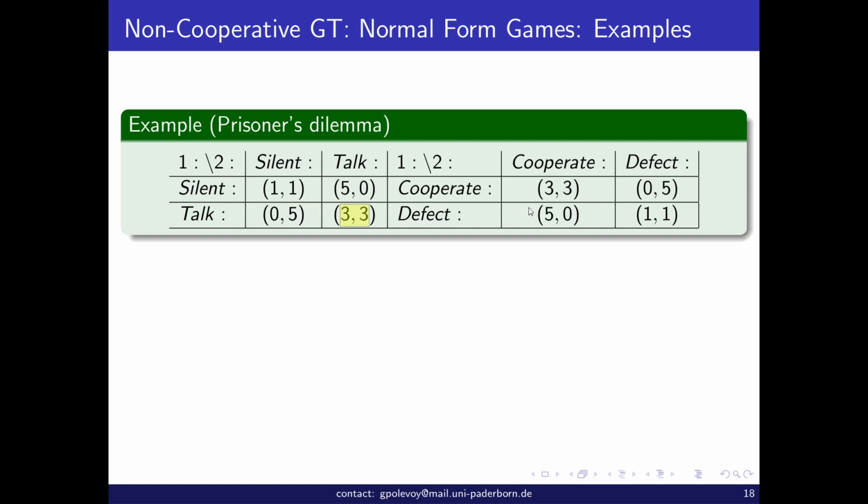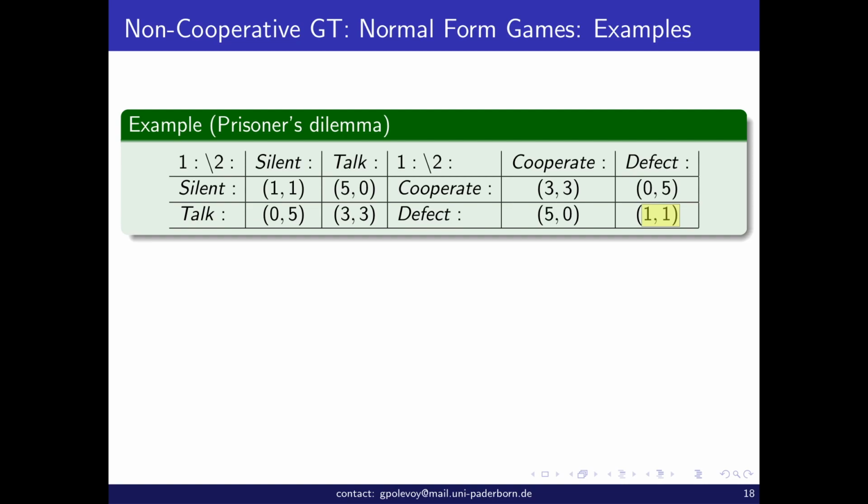If you look at the utilities, what they want to get rather than the cost, which they want to minimize, then a possible way to write this is this one. If you both defect, you both get smaller utility. Again, it's the opposite of this one. If you both cooperate, it's much better for you. But it's not stable because it's always better for you to defect, regardless of what the other person does.